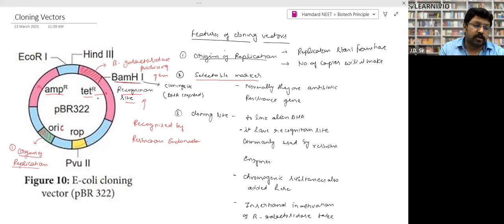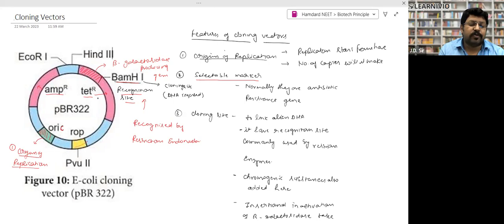Why do we call them marker genes? Try to understand. Suppose that along with the foreign gene, you have incorporated the tetracycline gene, right? Now the tetracycline gene is present in the recombinant bacteria, but non-recombinant ones do not have the tetracycline gene.